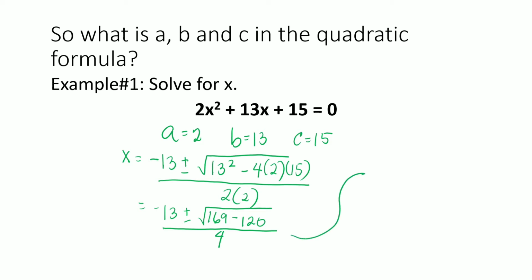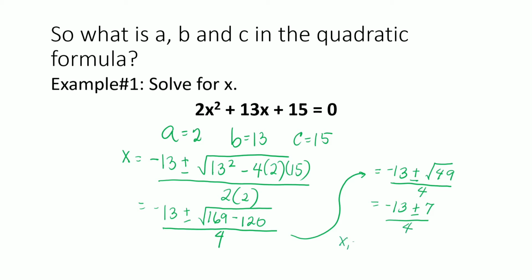Okay, next, simplifying everything, we have x equals negative 13 plus minus the square root of 169 minus 120 is 49, over 4. So negative 13 plus minus the square root of 49 is 7, over 4. So we will be having two values of x here.